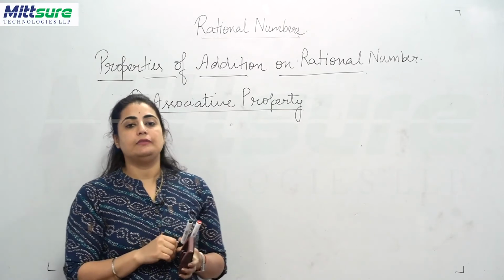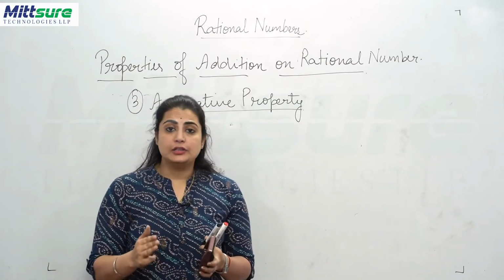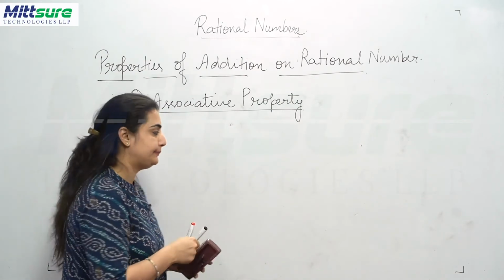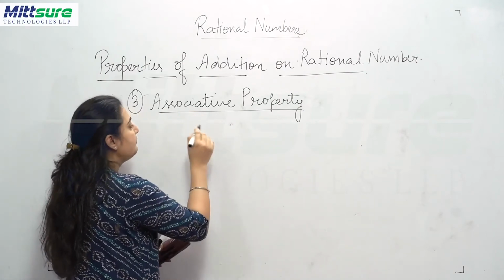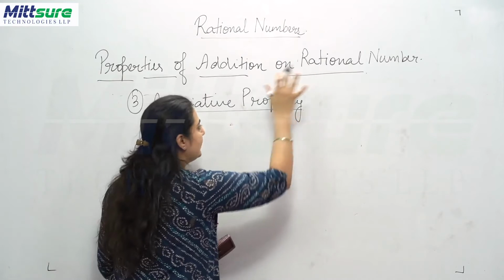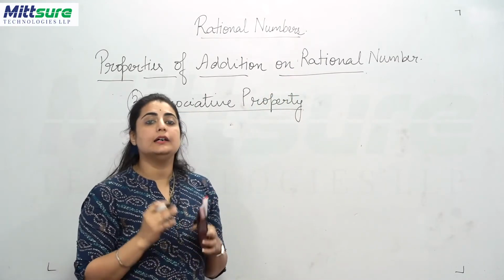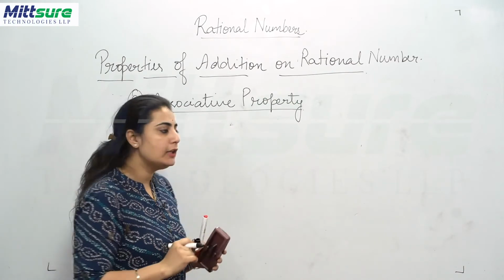When we say that we have to add any 3 rational numbers, then how are we supposed to do that? Let's see. Before coming to the rational numbers, let's understand this with another example of maybe whole numbers or natural numbers.